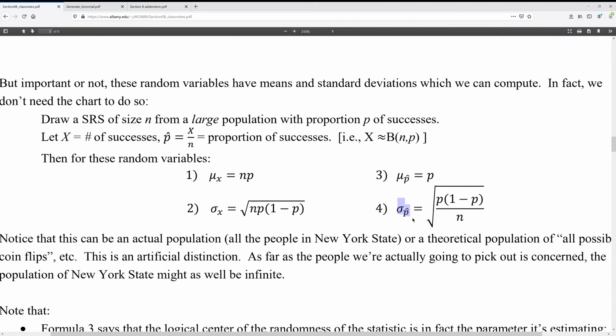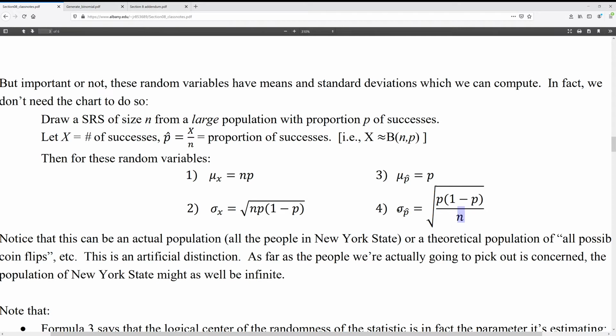It measures how likely one sample is to be close to the next sample, or how likely you are to get different answers. The thing that measures how much the statistic varies gets very small if n is large.